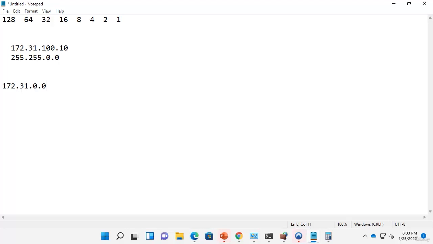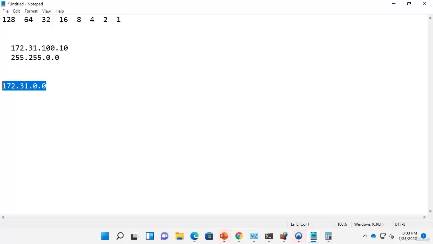This is actually the process that a computer goes through when it's trying to communicate with a remote IP address, any IP address. The very first thing it does is determine if that IP address is on the same network as itself. If it is, it just tries to communicate directly with that IP address. If it is not, it will communicate with its router, its default gateway.